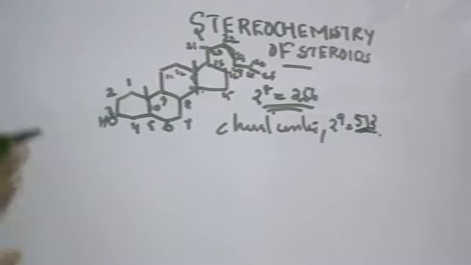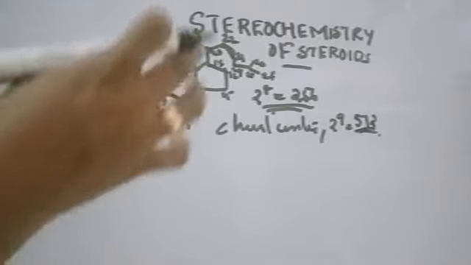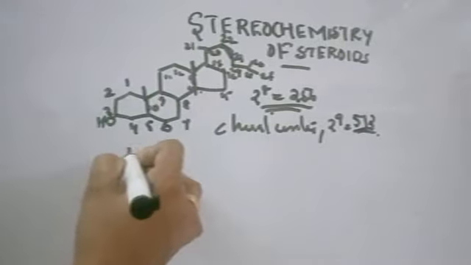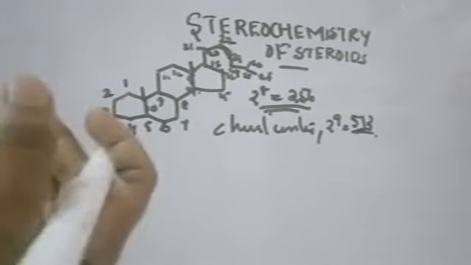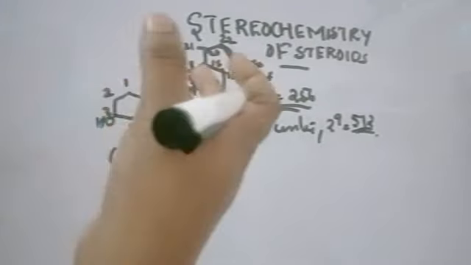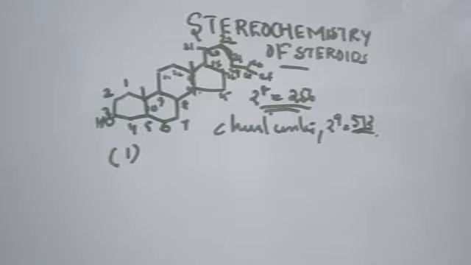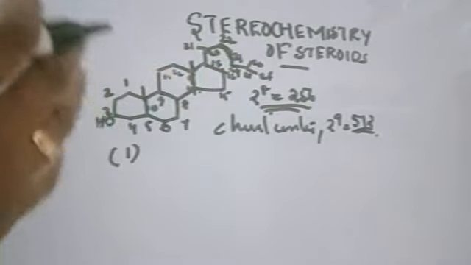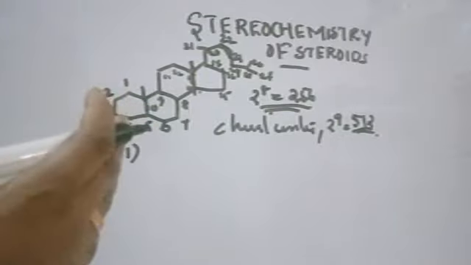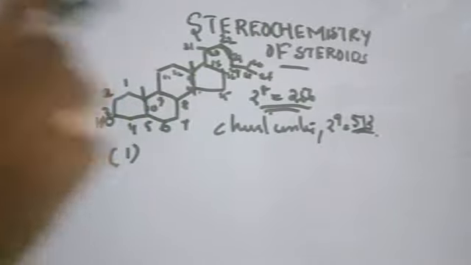In general, if you are considering stereochemistry, we have to consider two things. We always choose the cholesterol-like structure of steroids because in almost all steroids the basic synthetic route is through cholesterol.